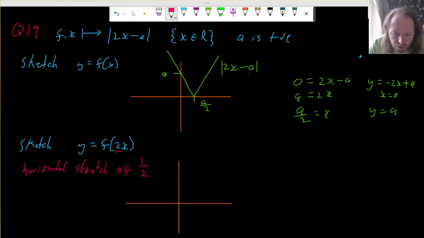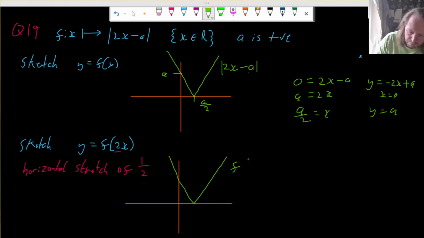If we've got a horizontal stretch, it means that we've still got a graph coming down, still bouncing off there, and it's still going to come through here at a, and at this point it's going to be the half of that. So it's a over 2, so this should be a over 4.